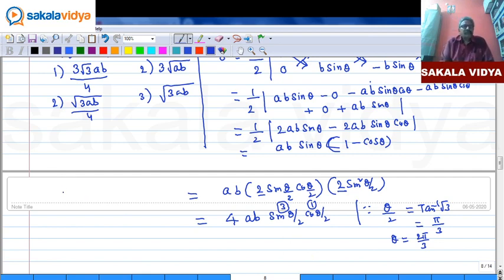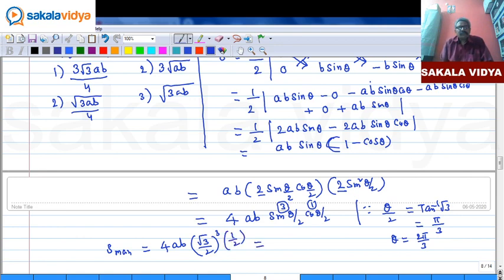So now here you need to find S maximum. S maximum is equal to 4ab into, here theta by 2 is pi by 3, sin 60. Sin 60 is equal to how much? Root 3 by 2, whole cube. Cos 60 is equal to how much? We have 1 by 2.